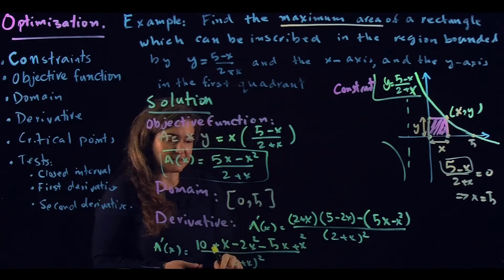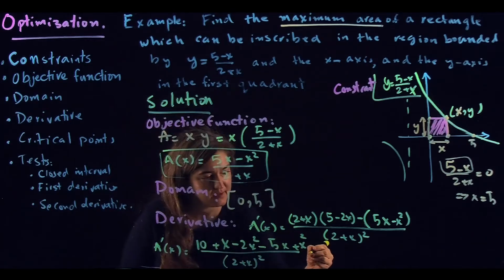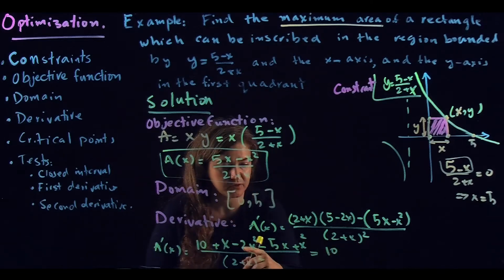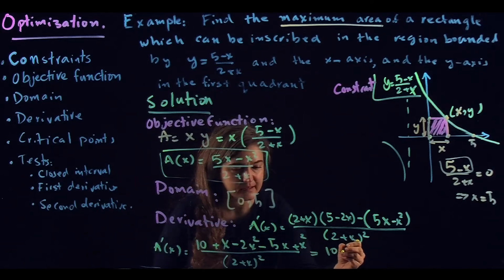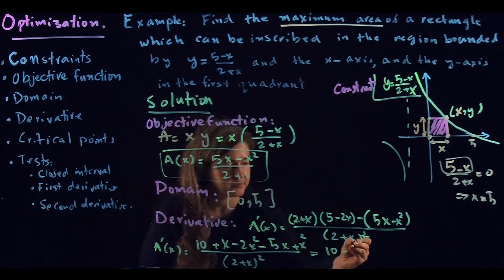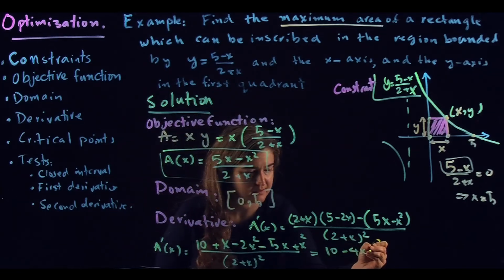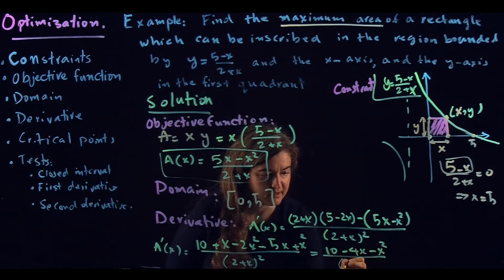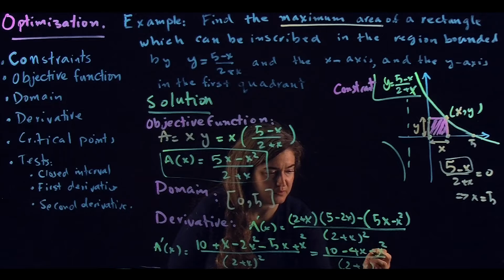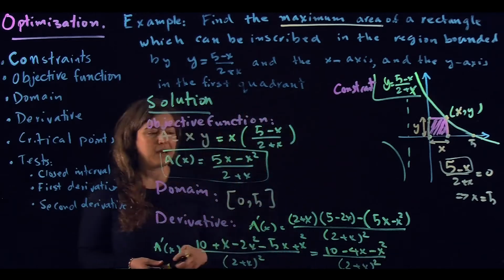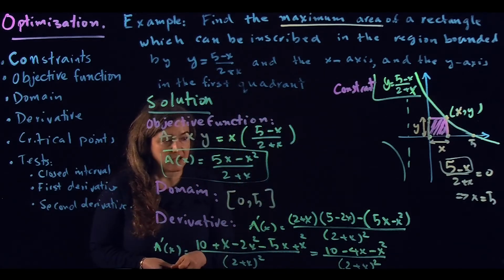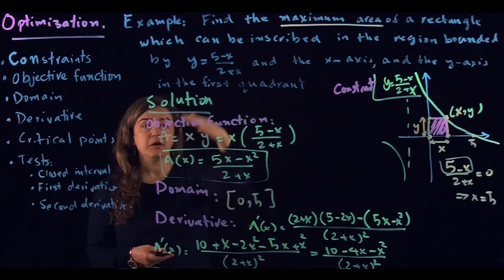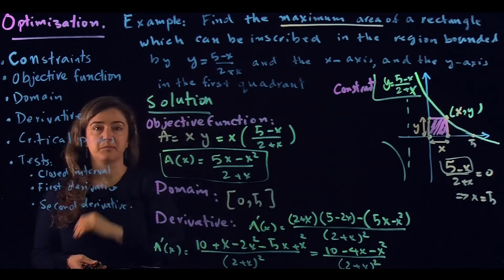Let's simplify this as much as possible. The numerator is a quadratic. 10, put the like terms together, minus 4x minus x squared, divided by (2 plus x) to power 2. Now to continue, we're going to erase the board and then come back and find the critical numbers.